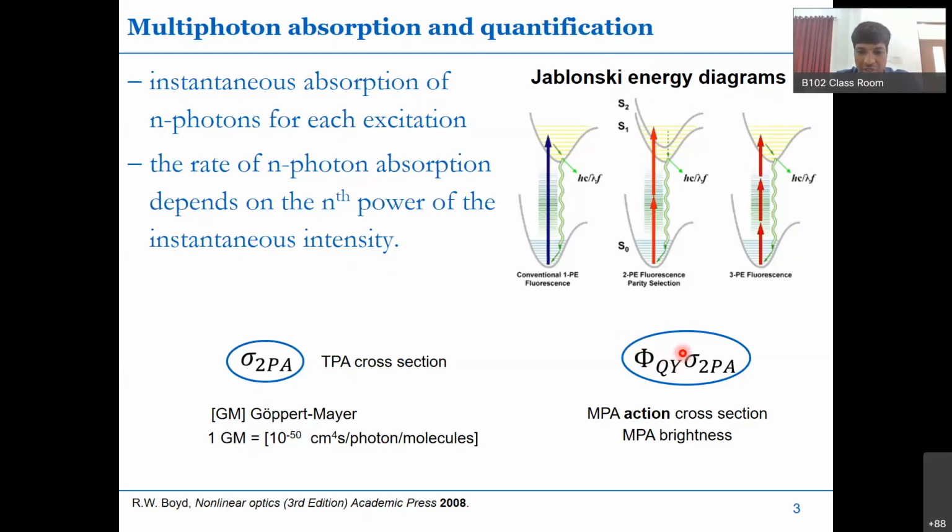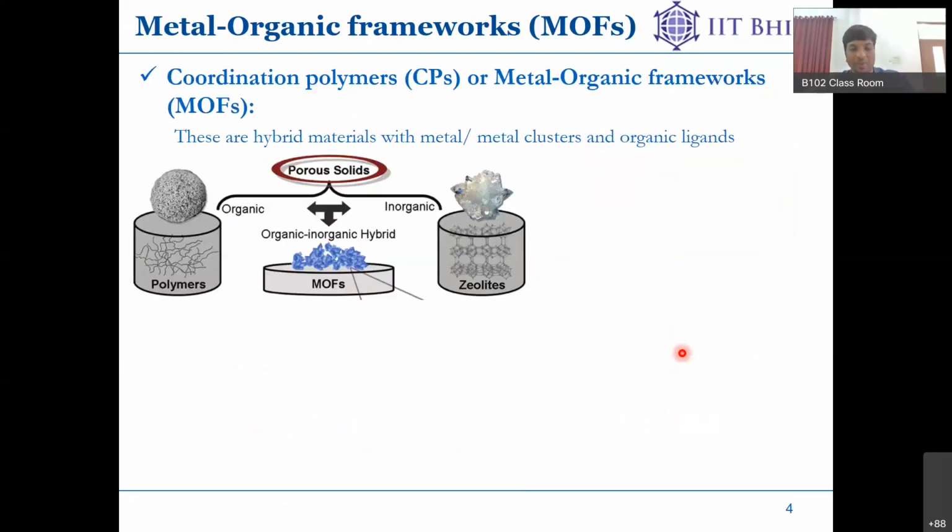So this is about multiphoton absorption, and next we come to metal organic frameworks or metal organic hybrid materials. Metal organic frameworks, also known as coordination polymers, are typical hybrid materials between organic polymers and zeolites.